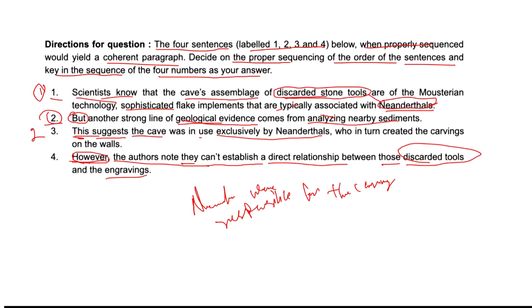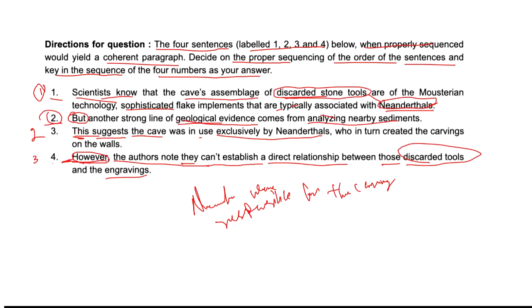This sentence further elaborates on the Neanderthal connection. Sentence 4 provides a counterpart, as we can find, with however, mentioning that the author cannot establish a direct relationship between the discarded tools and the engravings. This introduces some doubt and difficulty to the narrative.